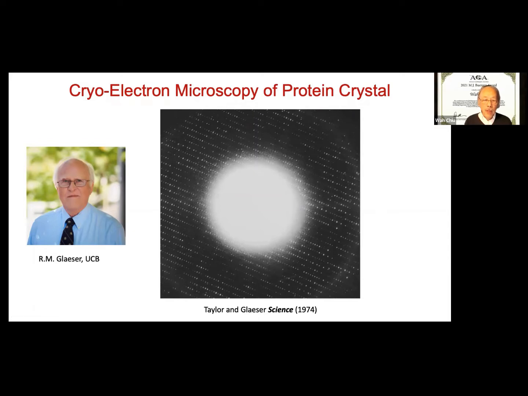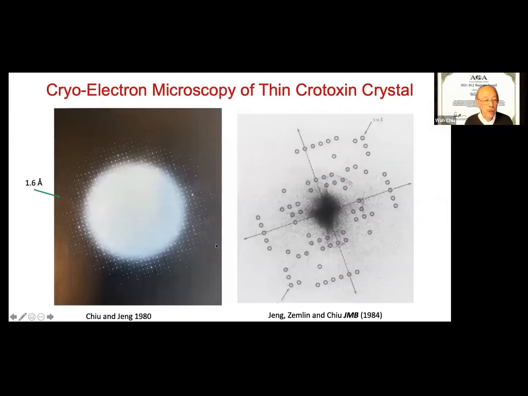method, by embedding protein crystals in a matrix of ice, would be able to preserve the specimen to near atomic resolutions. Following that work, I was inspired to look for protein crystals that diffract in an electron microscope, working with one of my fellow graduate students at Berkeley.